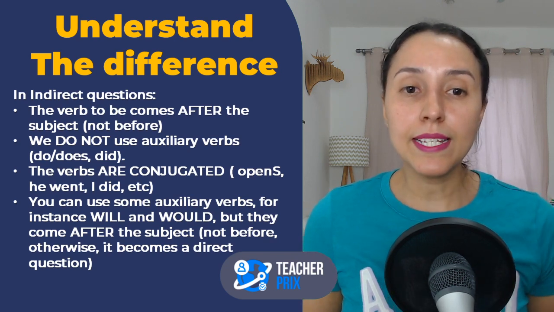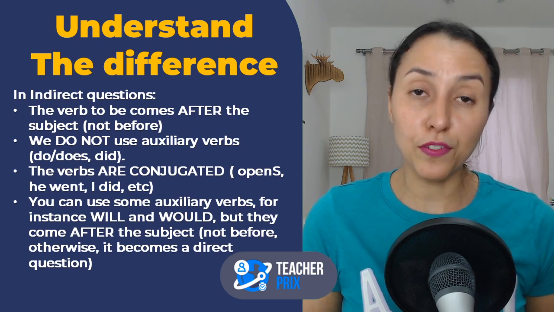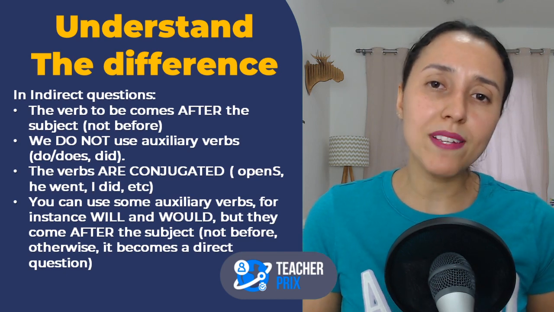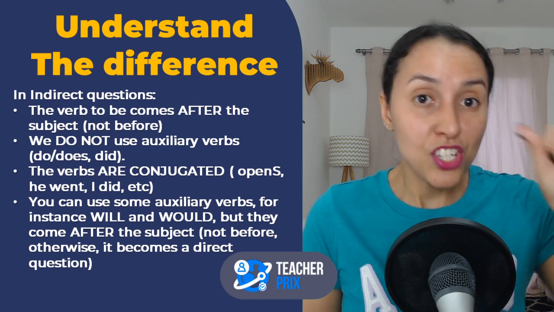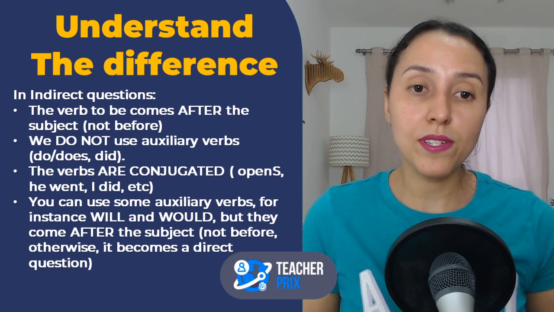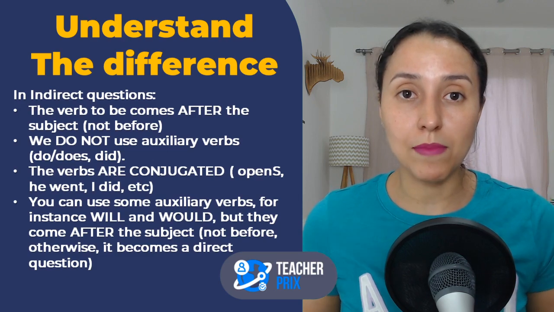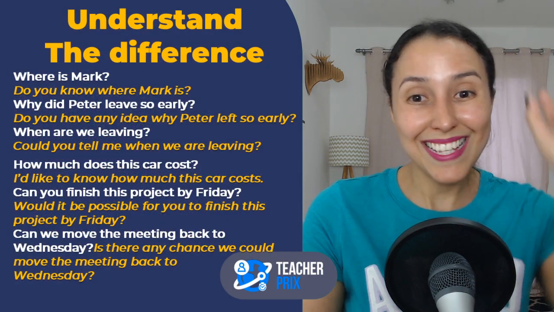Anyways, indirect questions. Let's understand the rules. The verb to be, let's focus on to be. The verb to be always comes after the subject. In direct questions, it always comes before, okay? But now, no, not anymore. It comes after. So if you see here, where is Mark?